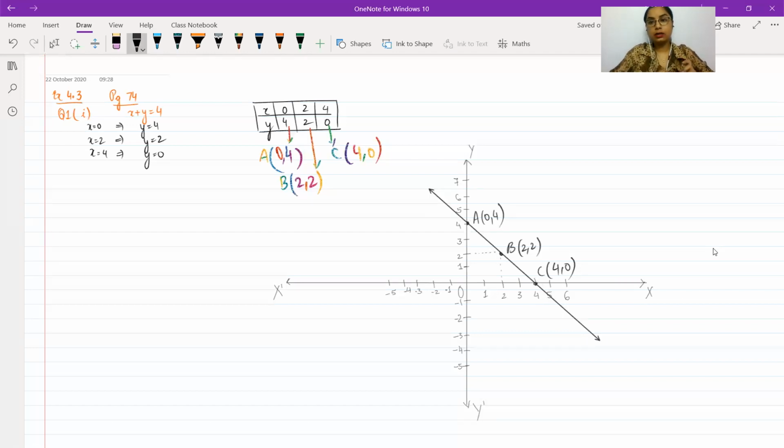Please mark, you have to draw a line. Please show the arrows on both ends and write down the equation given to you alongside the line that you have drawn, so x plus y equals 4. This line is the graph for the given linear equation.